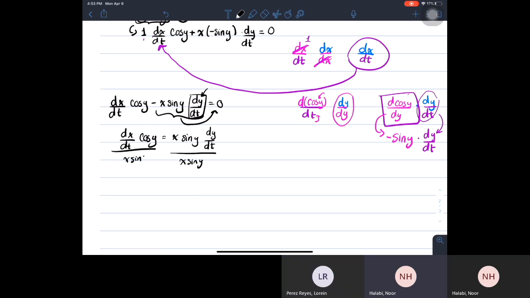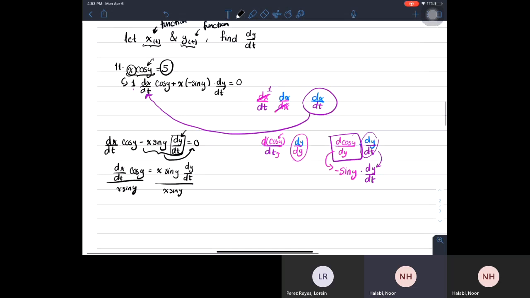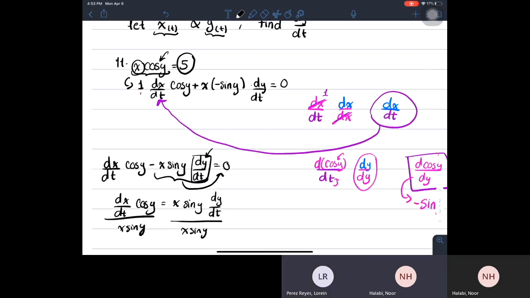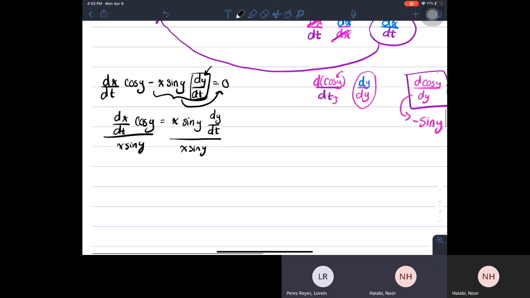What happened to the 5? We took the derivative of it. Remember, you take the derivative of both sides? Oh yeah, it's a 0.